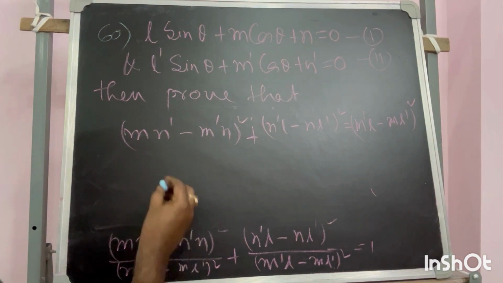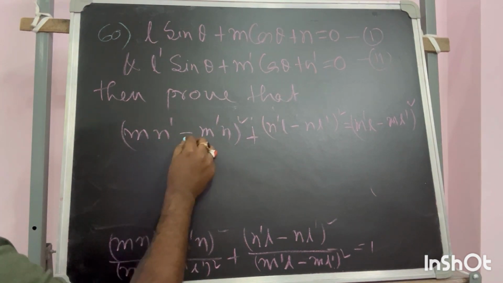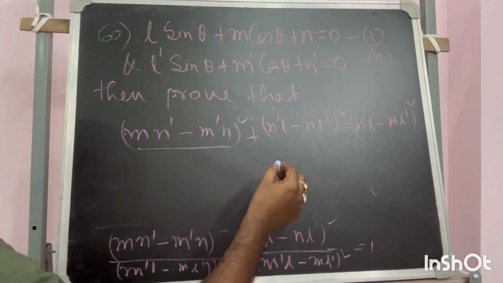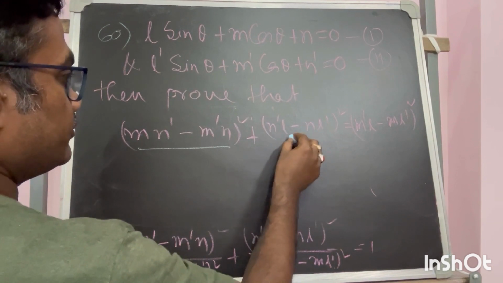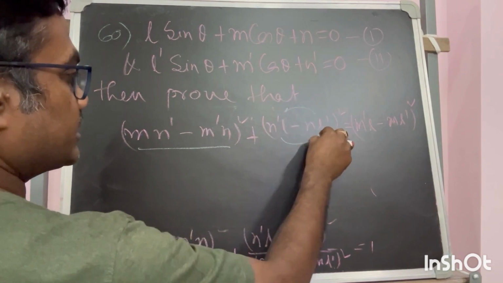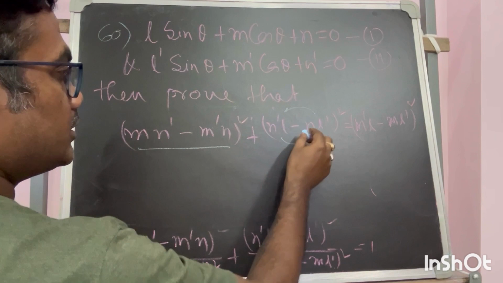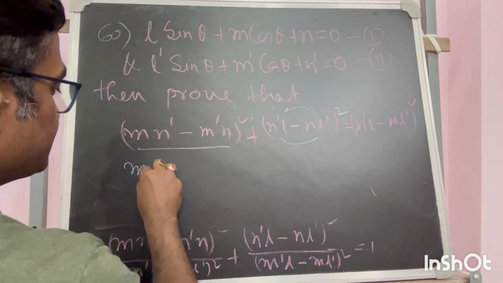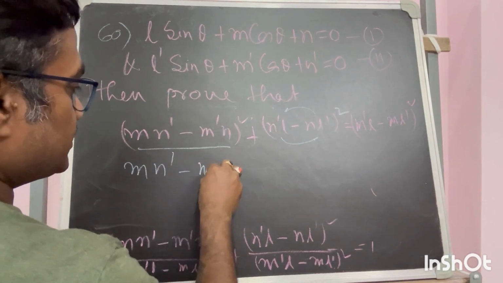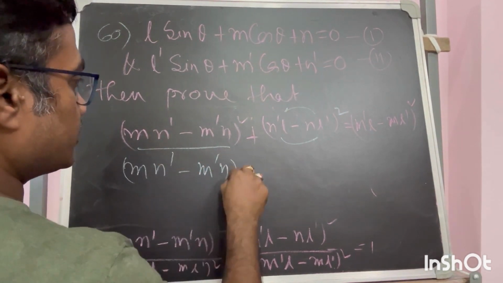What is that? M dash N, it is okay, N L dash, or you can reverse it also. This was in the first term, this was second term. So even if you change, as it is square, it will be no problem. So as per the proof, this is okay.